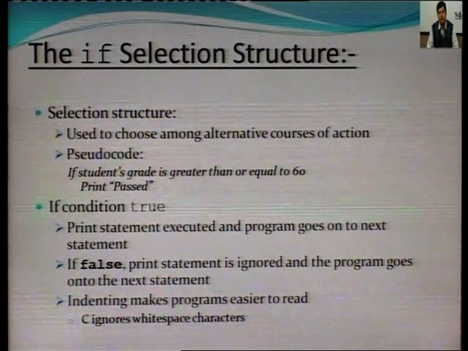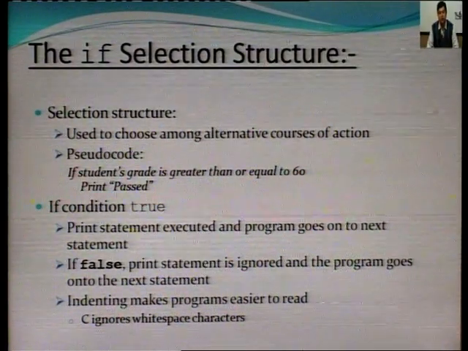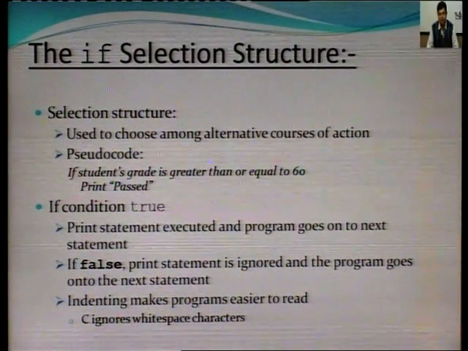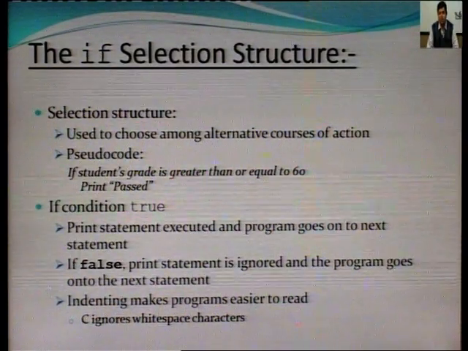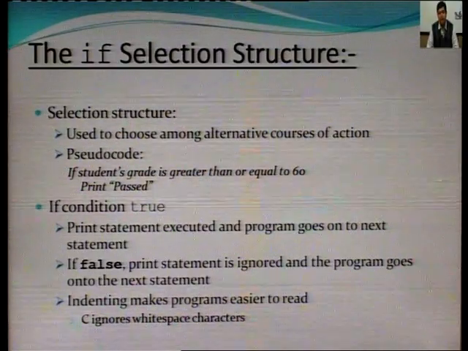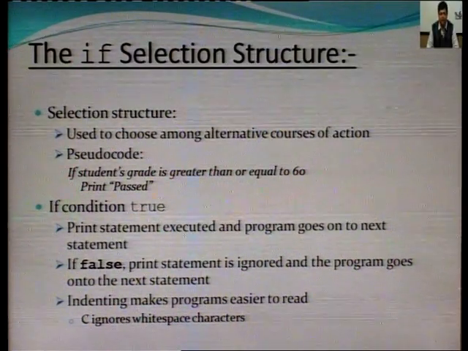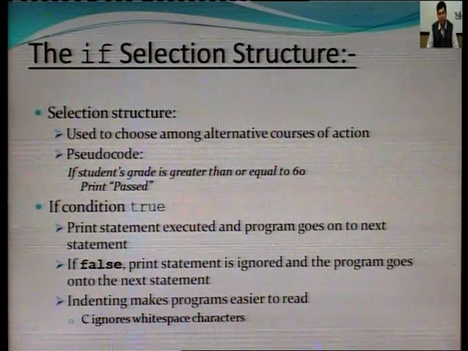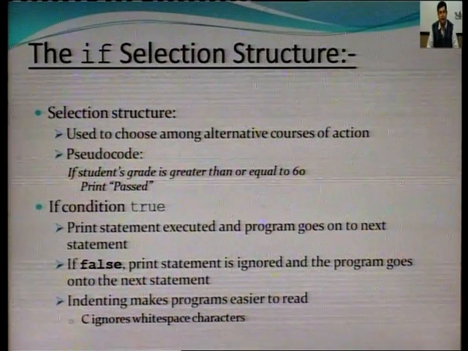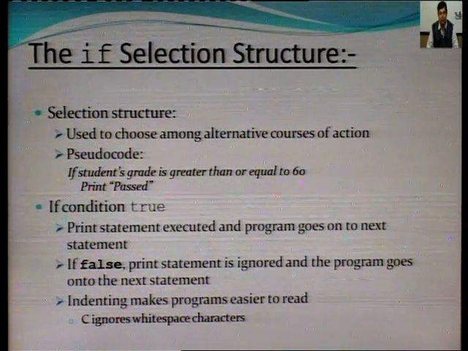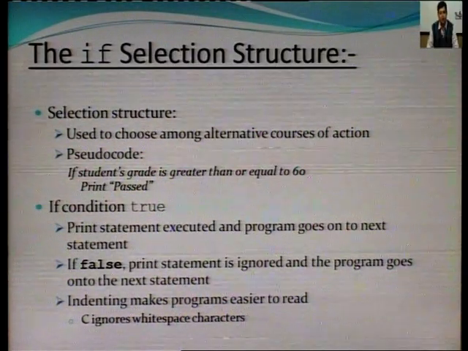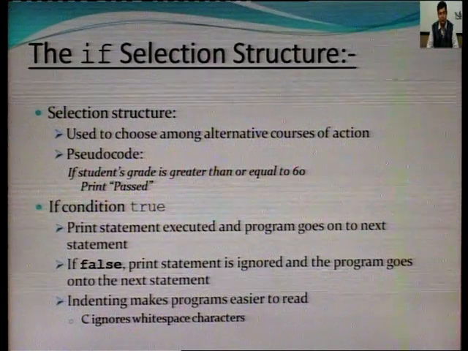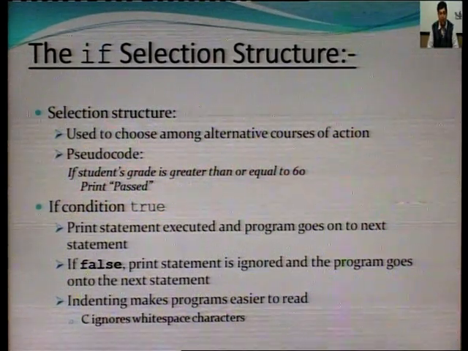Otherwise, it will simply go to the next statement without printing passed. If the condition is true, the print statement is executed, then the next statement. If the condition is false, the print statement will be ignored and it goes to the next statement. C ignores white space characters in that case.